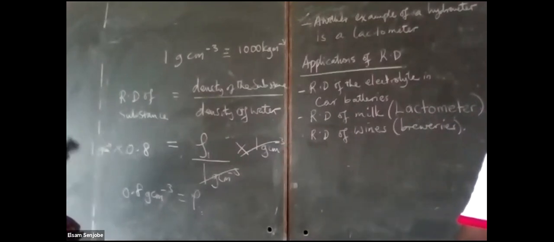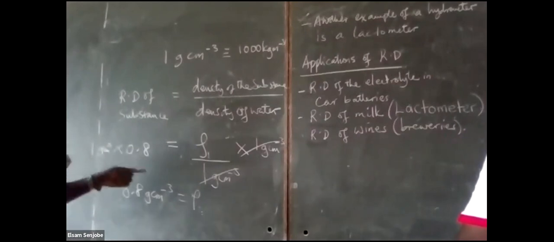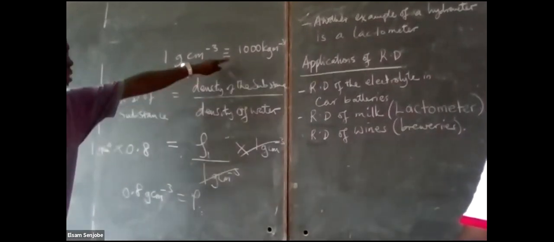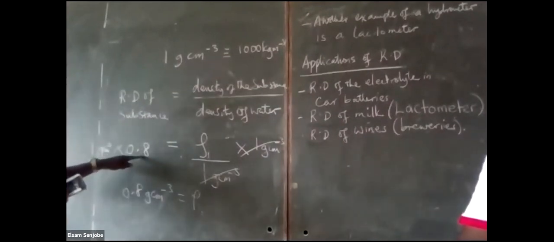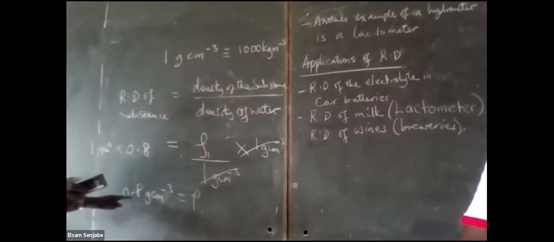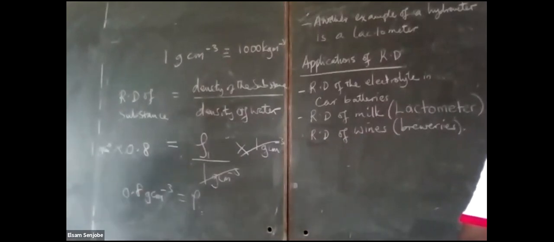So if I know the density of water, one of the beautiful things why we use water is because the value for pure water is 1 or 1,000. So if you know the relative density of a substance using a hydrometer, you simply multiply that either by 1 or by 1,000 and get the corresponding unit. And that's how we know the density of a substance. Does that make sense?